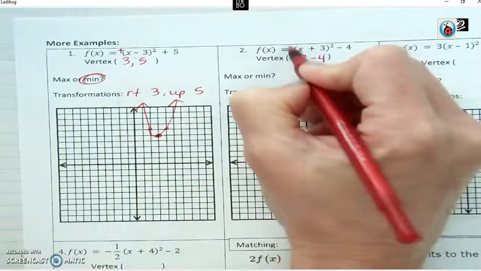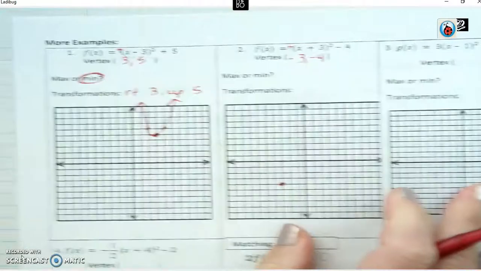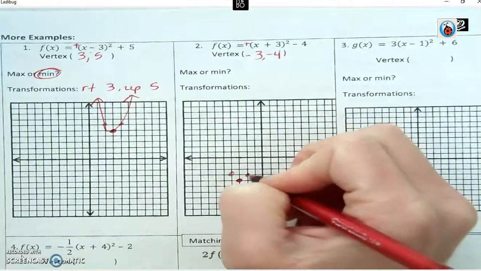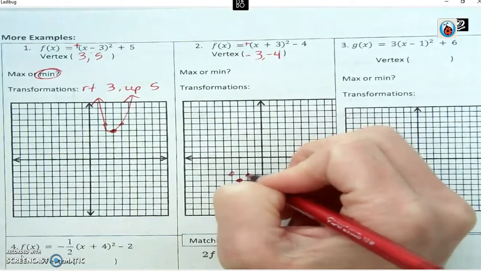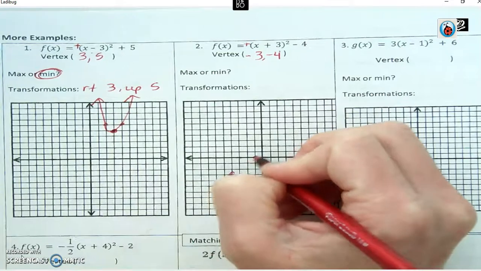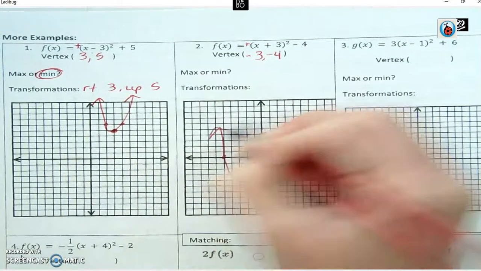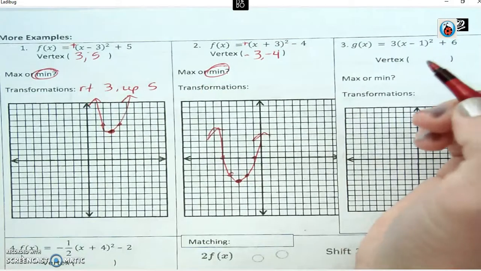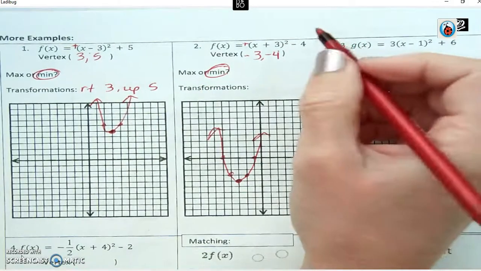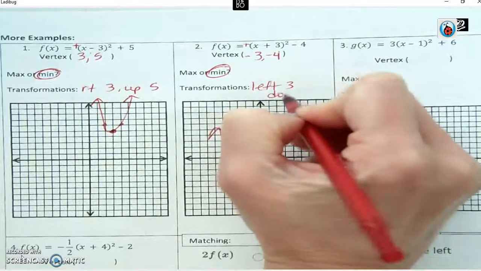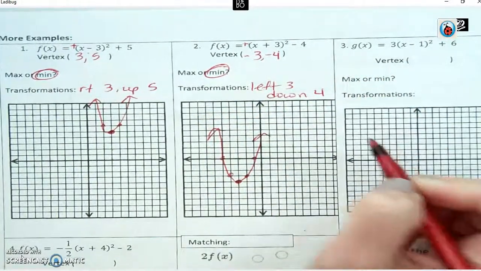This one is also positive, so it would open up. So that once again would mean it's a minimum. And the only transformations on this one are left 3, down 4.